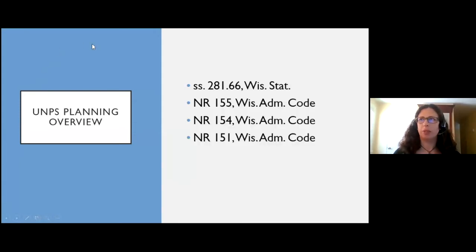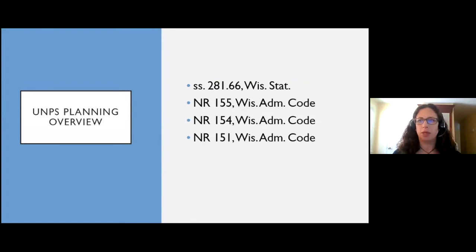The Urban Nonpoint Source Planning Grant Program exists under the authority established in Statute 281.66 and Chapter NR 155. NR 154 identifies best management practices, technical standards, and cost share conditions that apply to the department, state agencies, governmental units, the Board of Regents, and cost share recipients when serving to provide or receive cost share funds under NR 153 or 155.